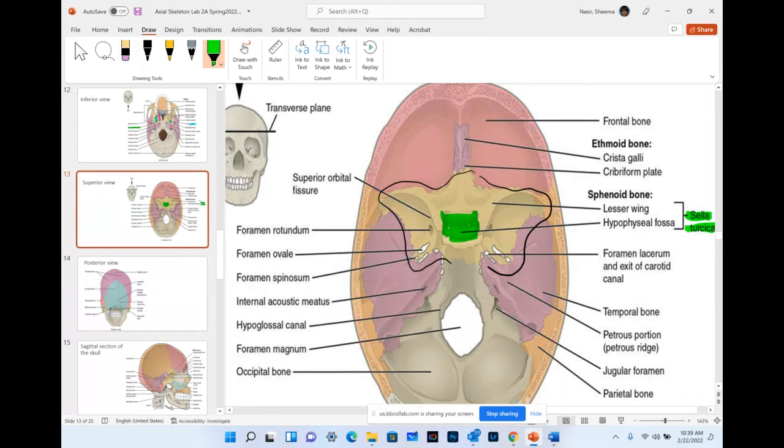Now, you see the ridge, and I'll show you. You see this little thing that looks like a fang, and then makes a margin on both sides. Little fang-like structures, and then make a little margin right here. This is your lesser wing. This ridge is the lesser wing. Do you understand?